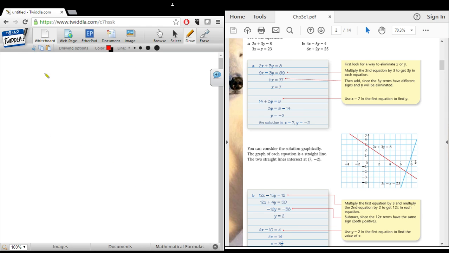Now, there are many ways of tackling this. If you have 2x plus 3y equals 8 and 3x minus y equals 23, we can appreciate that the easiest thing for us to do would be the fewest steps.